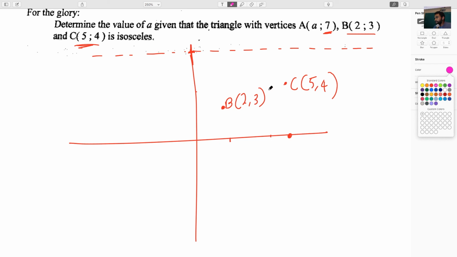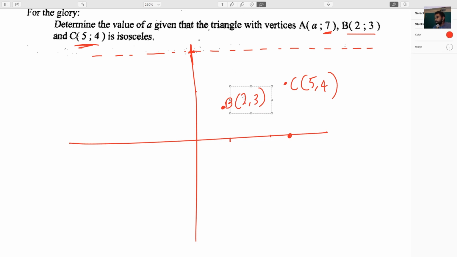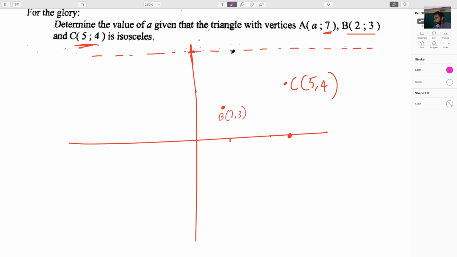So let's imagine now that the point A is, let's say, here. This is the point A, 7. Here's our line BC.